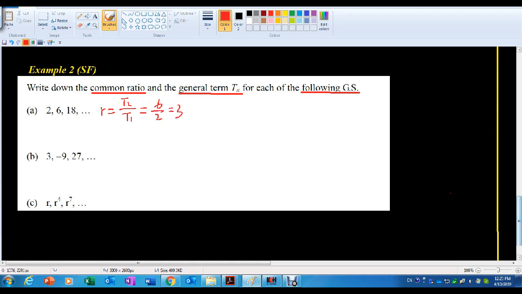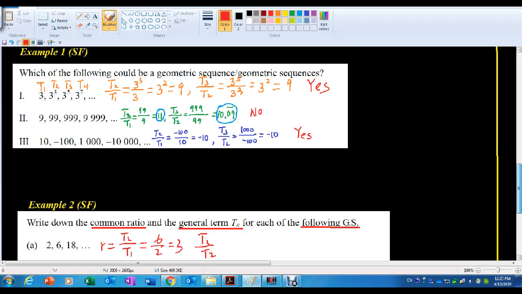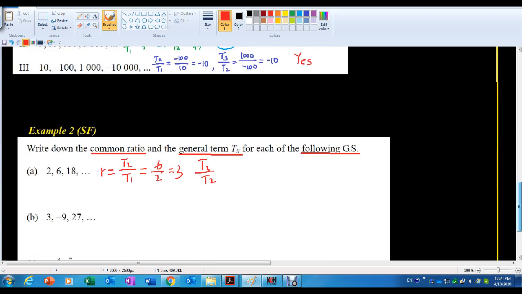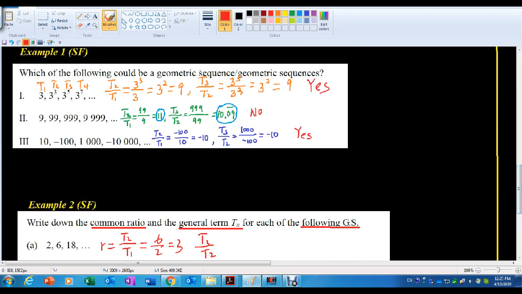But do we need to do T3 over T2 again, like what we have done before? No, in this case. Why? Because in the last case, you needed to identify whether it's a geometric sequence, so you can't just find T2 over T1. You need to check whether T3 over T2 equals T2 over T1, right?